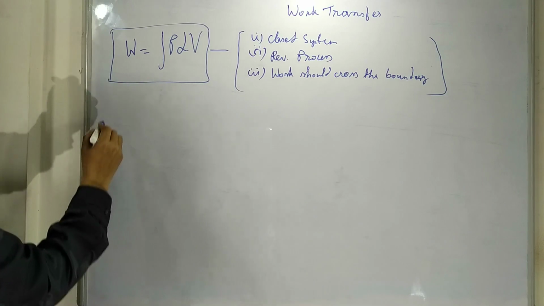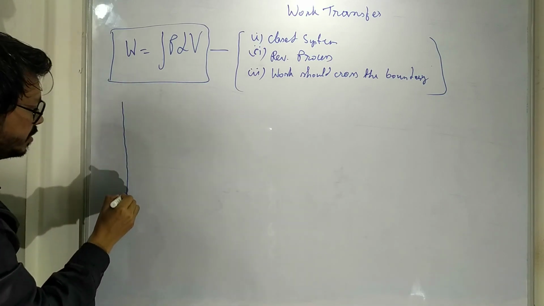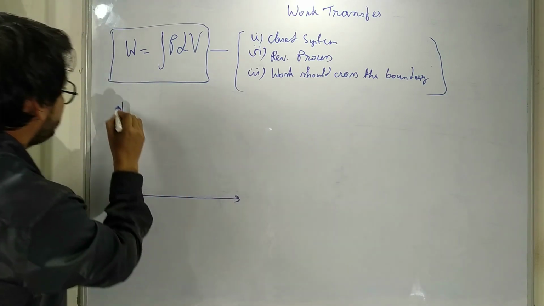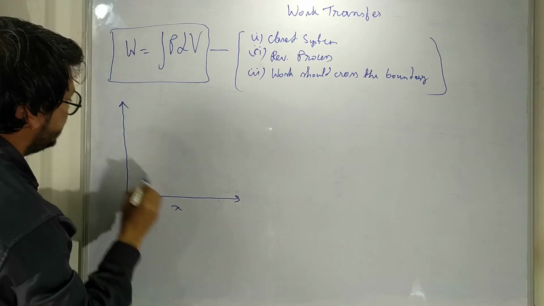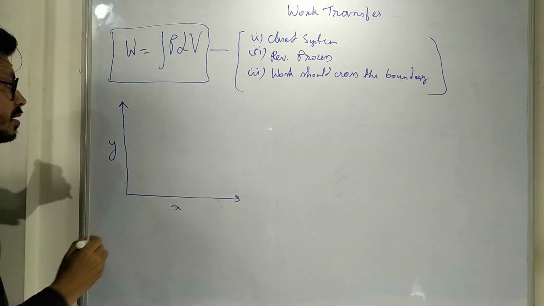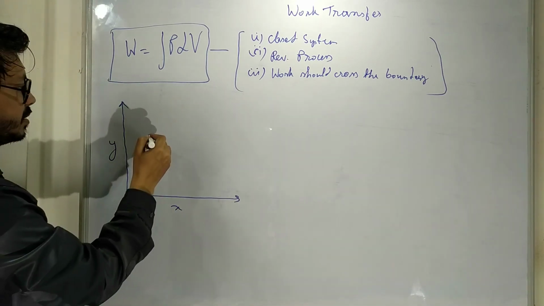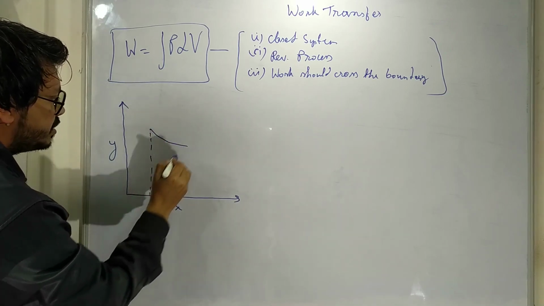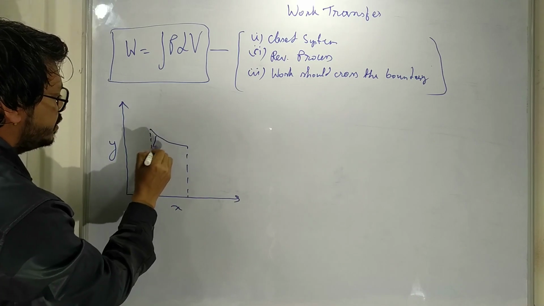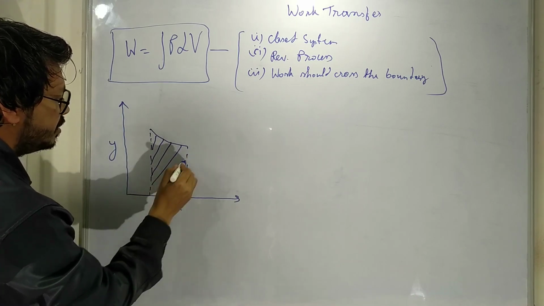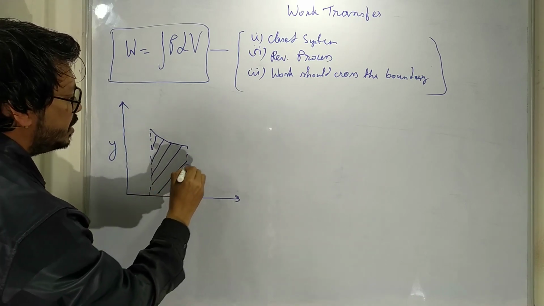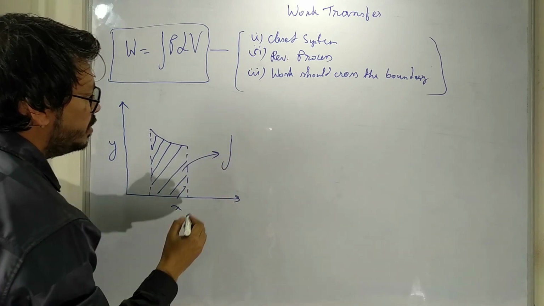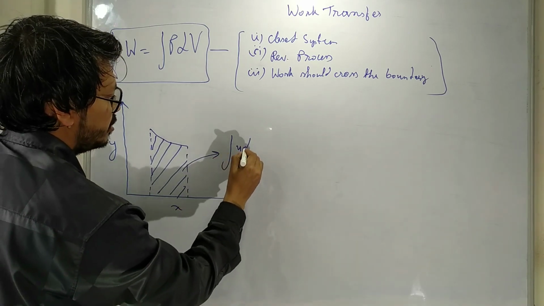Now we'll see one thing. This is our xy plane. This is x-axis, this is y-axis. If we consider any curve, say this one, so if we project this curve here, the area under this curve, that means this area, this is mathematically written as integration of y dx.